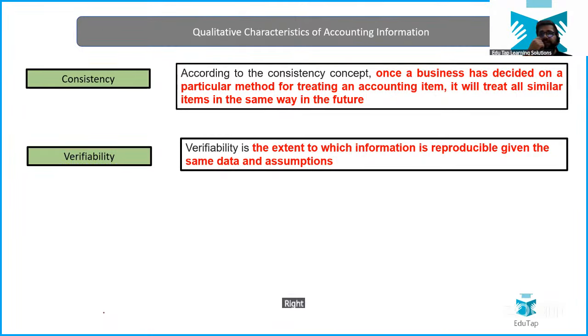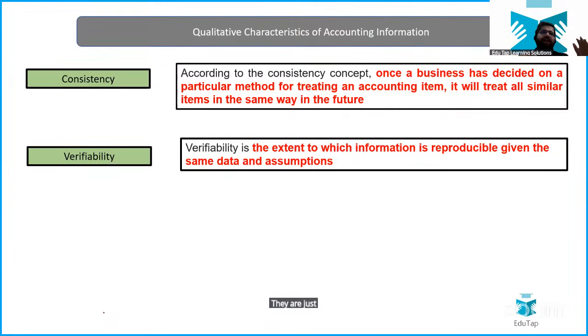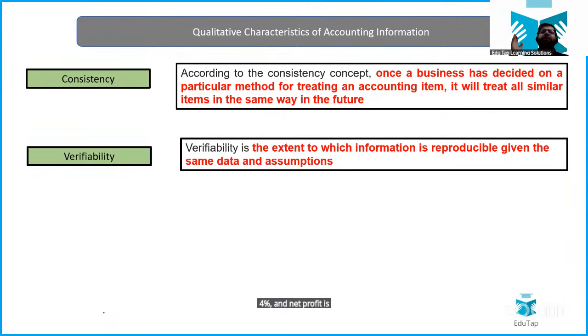Right? So for example, in Shark Tank also, all the different companies are just telling that our gross margin is 60%, our EBITDA, earnings before interest and taxes, is somewhere around 4%, our net profit is 3% and whatnot. They have just said this. But once the episode completes, the person who is investing will check all the things, and this is where verifiability comes into the picture.